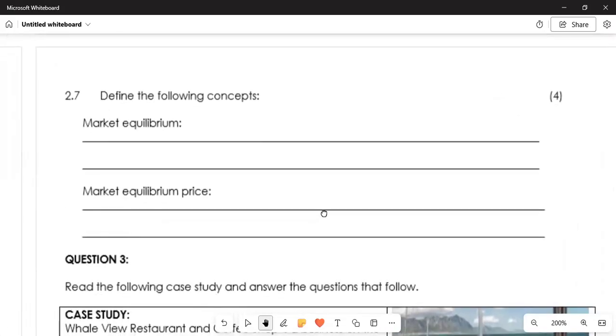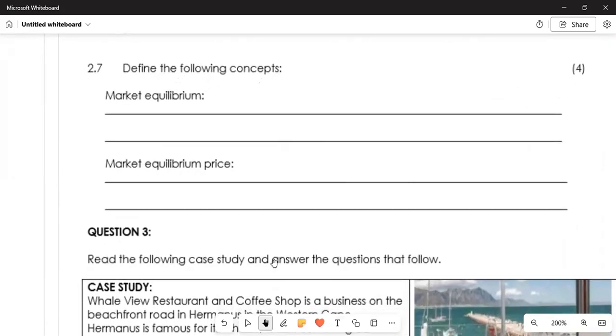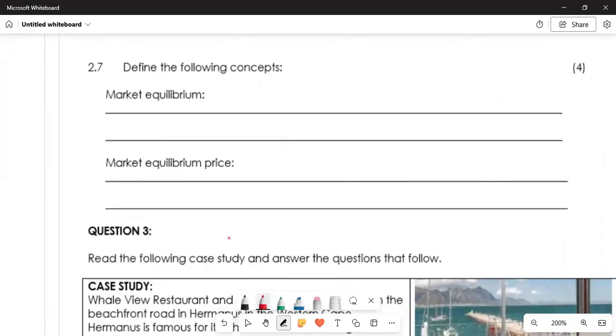Now we are moving on to 2.7. Here we are on 2.7. It says define the following concepts: market equilibrium.